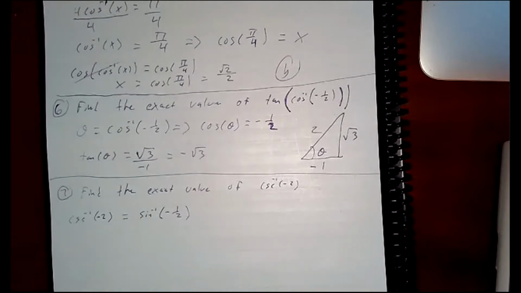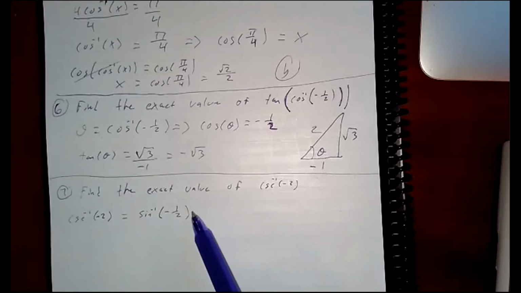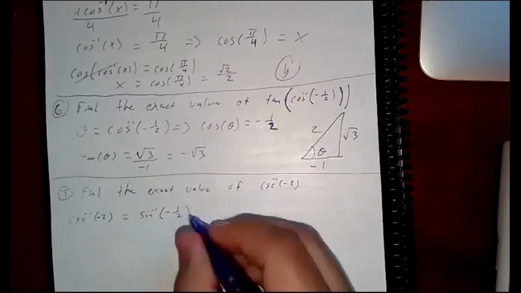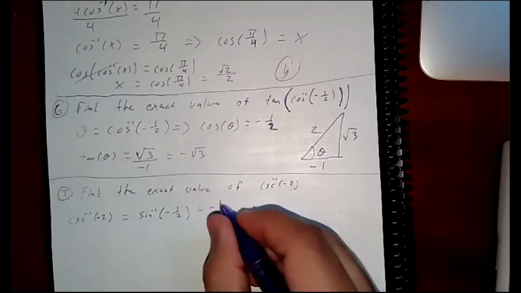And sine inverse is defined between quadrant 1 and quadrant 4, the right half of the unit circle. So this is going to have to give us a negative angle because negative y happens in quadrant 4, right? Not quadrant 1. So this should be a negative pi over 6.